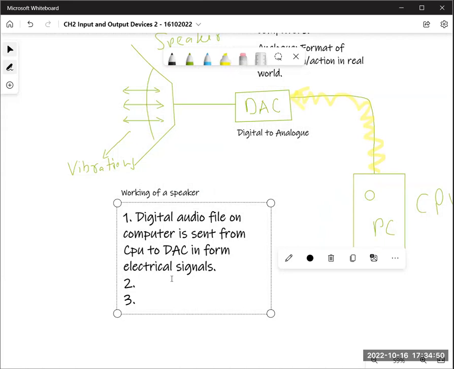Sir, have you given ICT? Yeah. How much did you score? A star. That's great. I also gave computer science in A levels. I think I got 98 or 97% in computer science, A levels.